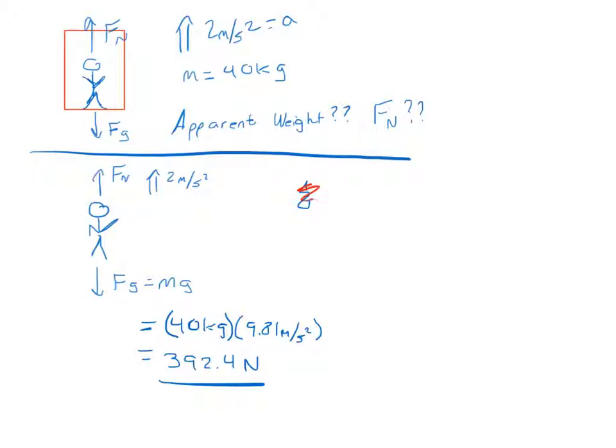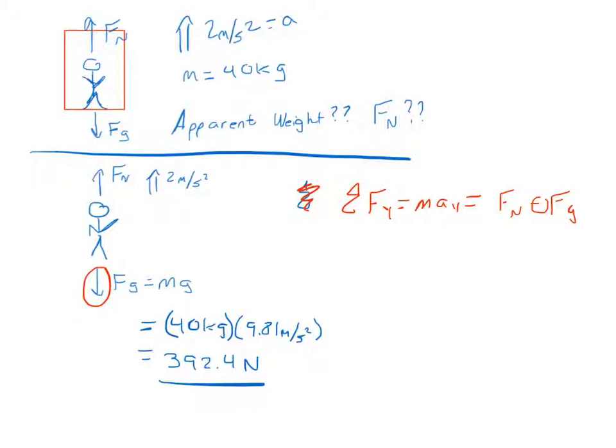Our net force, if we just look at the y, is equal to the mass times the acceleration in the y, which is also equal to all the forces in the y added together. The only forces in the y are the normal force pushing up minus the force of gravity, because the force of gravity is going down.